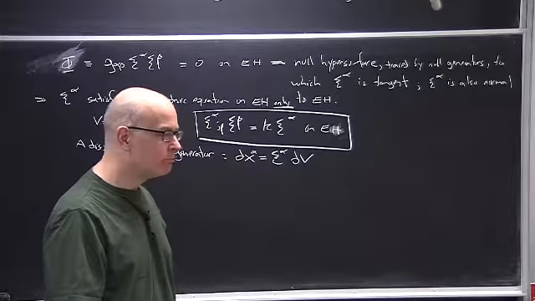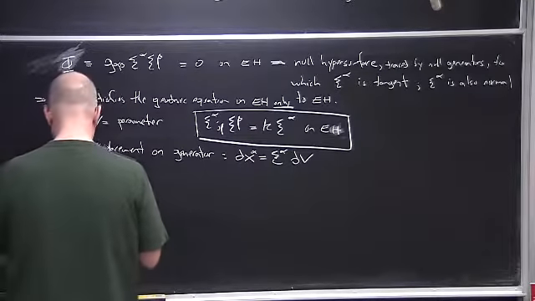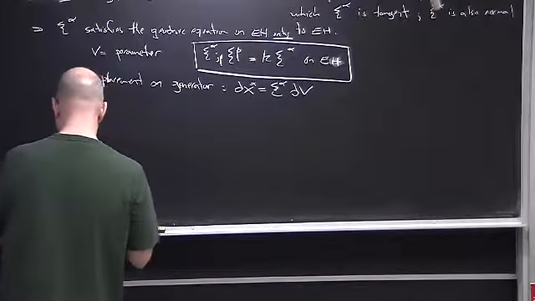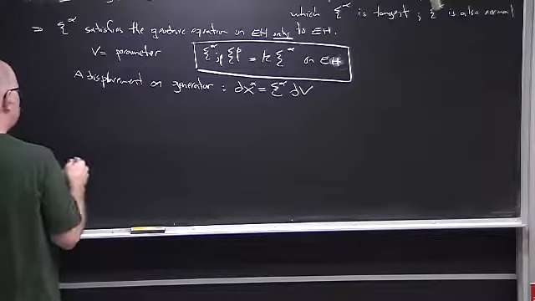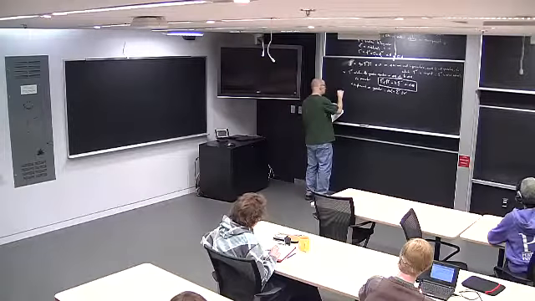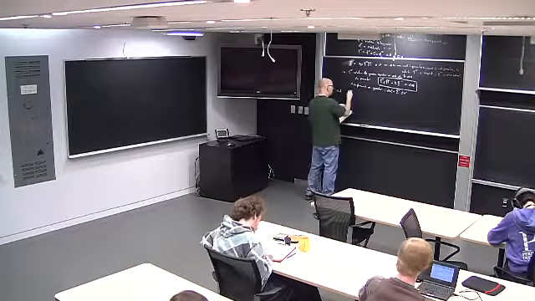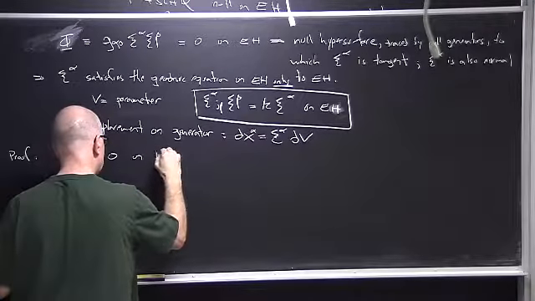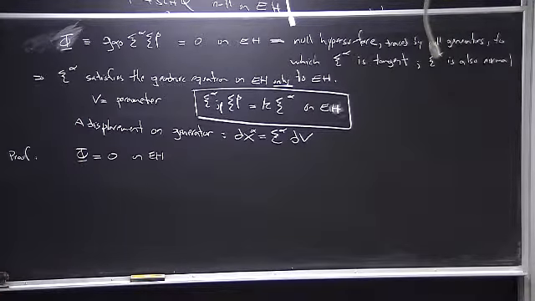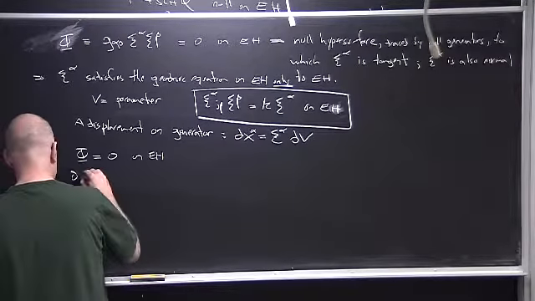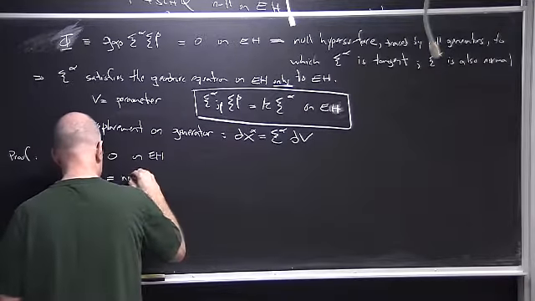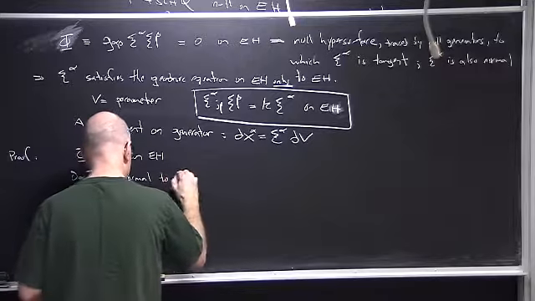Okay. So let me just prove this because it follows very quickly. The proof is that, well, we have the statement that phi is equal to 0 on the event horizon. And if we want to construct a normal vector to the horizon, we just take a gradient of this. So the gradient of this is going to be the normal to the event horizon.